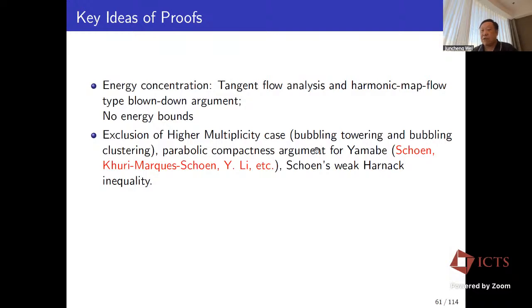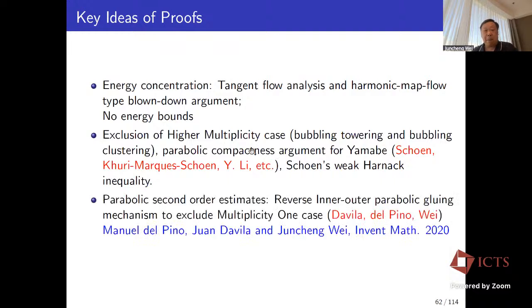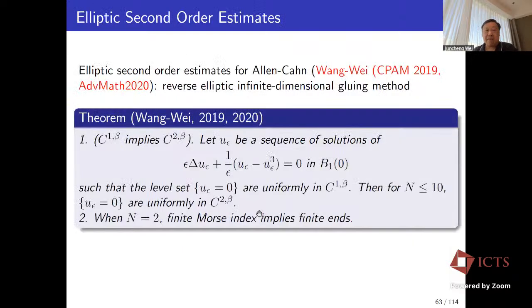Here we use the reverse parabolic gradient to do the parabolic compactness argument. And the last element is the parabolic second order estimate, and this is a reverse in the outer parabolic gradient to exclude the multiplicity one case.